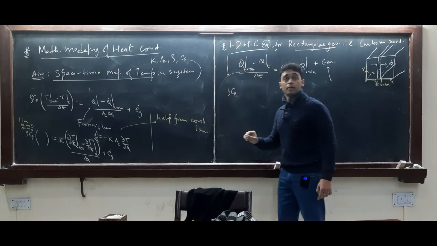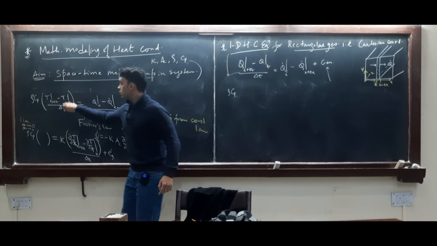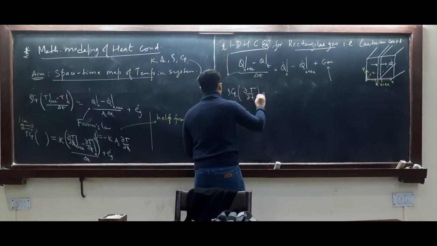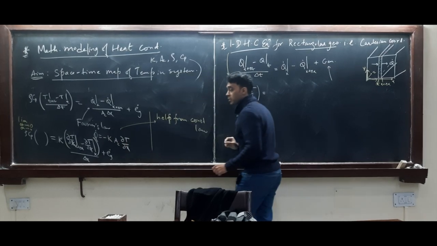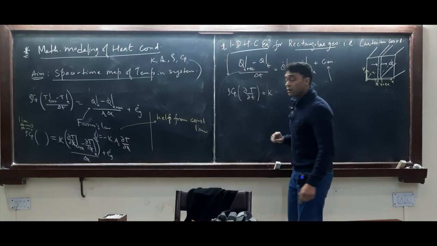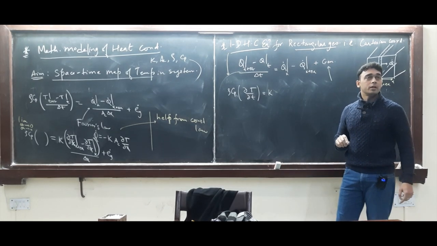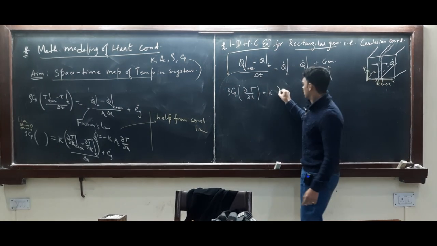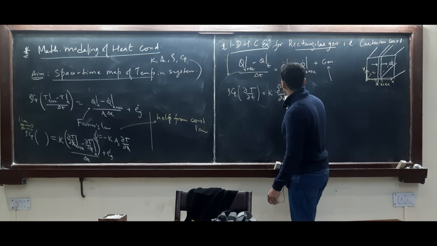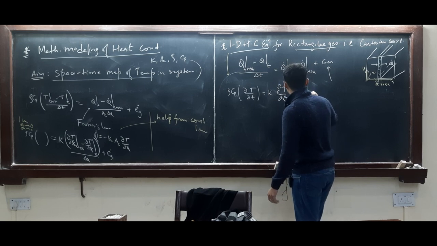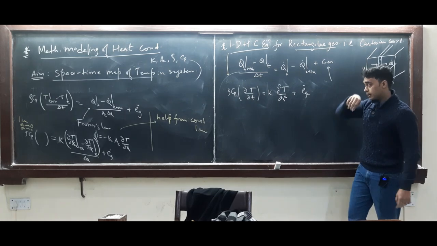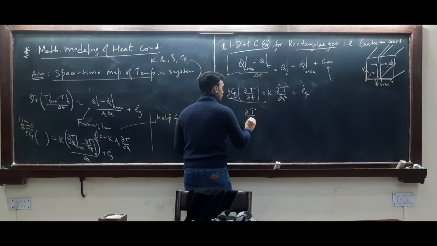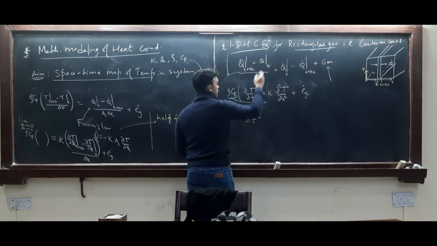Rho C_p, dou T by dou time, is equal to, this thing will become k. What will it be? A higher derivative in temperature. Dou square T by dou x square, plus E gen dot. You can take this to the other side. What you get is the 1D equation that you wanted.